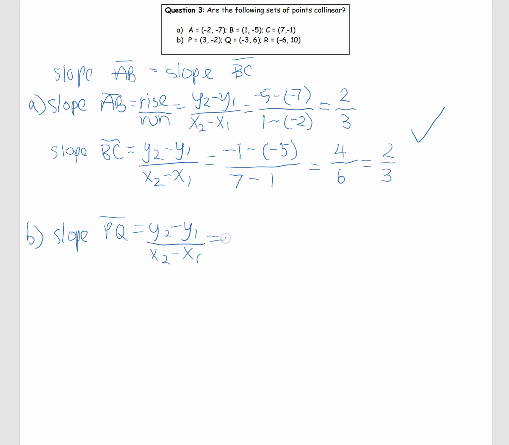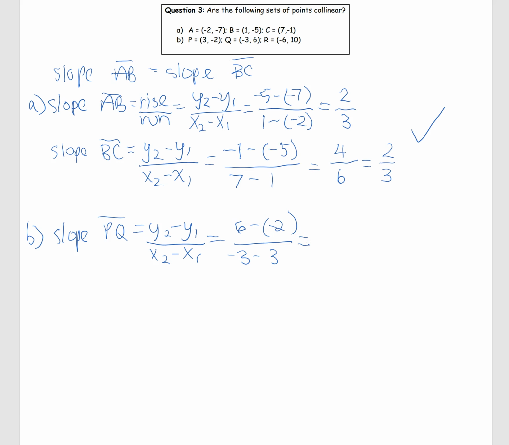So Q is going to be x2 and y2 in this case, and P is x1 and y1. So plugging that in gives me y2 is 6 minus y1, which is -2, over x2 is -3 minus x1, which is 3.